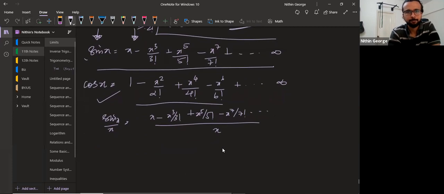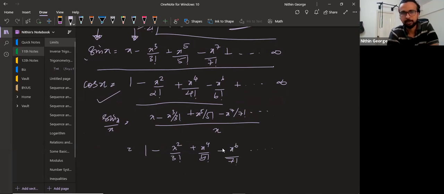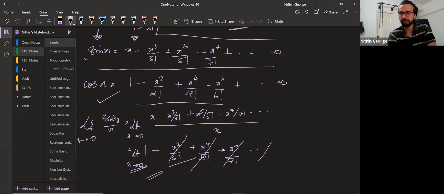This becomes 1 minus x square by 3 factorial plus x power 4 by 5 factorial minus x power 6 by 7 factorial, and so on. Don't forget, you're putting limit x tends to 0. When you put limit x tends to 0, these remaining terms all become 0. And I'm left with the value 1 here. Got this?